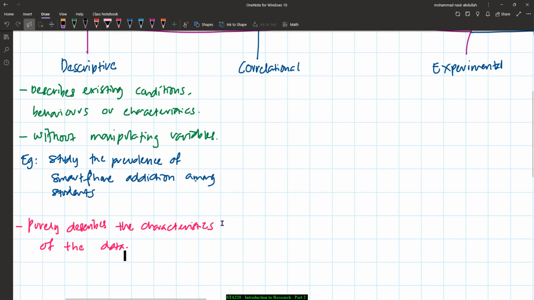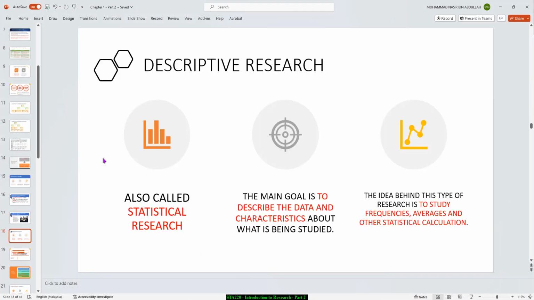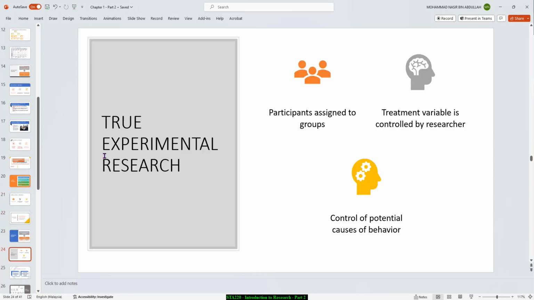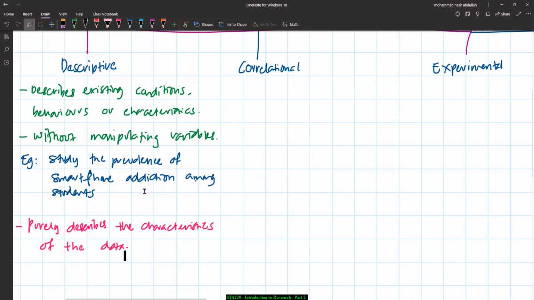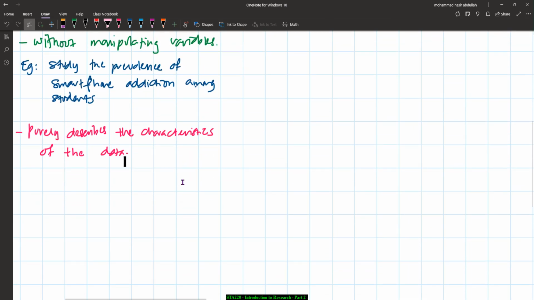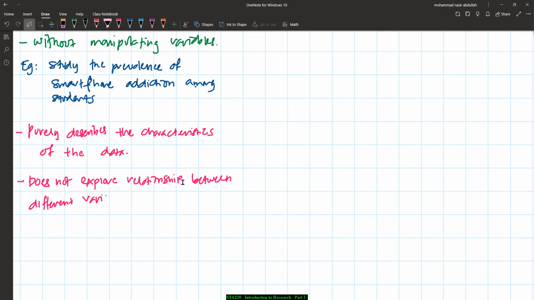Here I summarize my slides from many into a few diagrams like this, okay? So another note is it does not explore relationship between different variables, right?